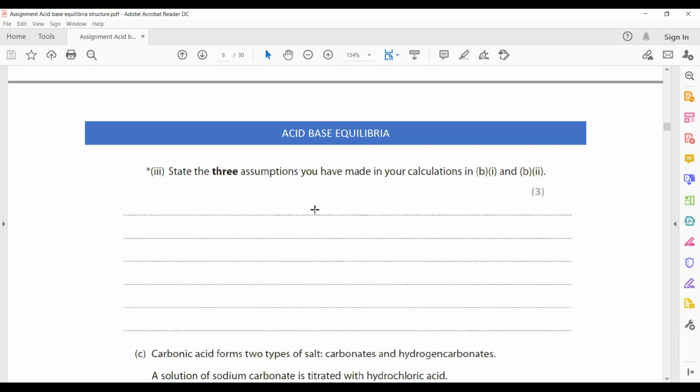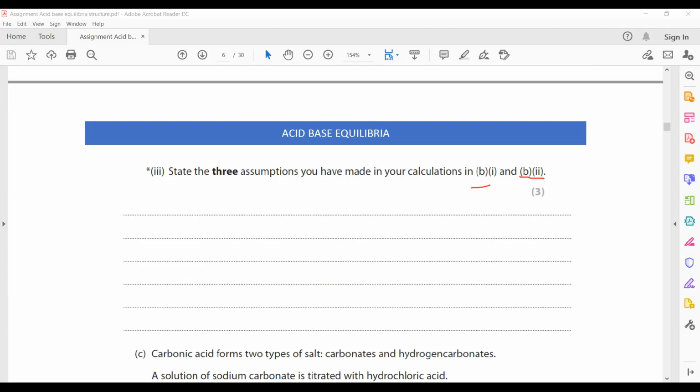The next part: state 3 assumptions you made in your calculation in B1 and B2. So in the last question it was 2 assumptions. Now they're asking for 3 assumptions. So what is our assumption?